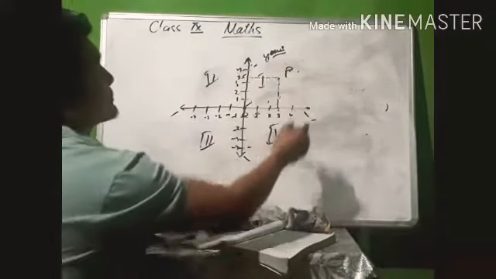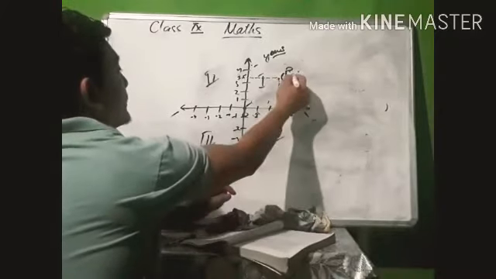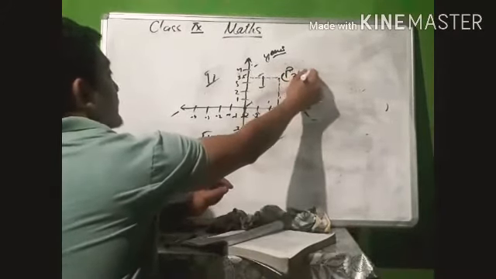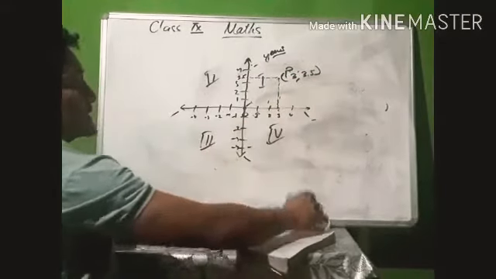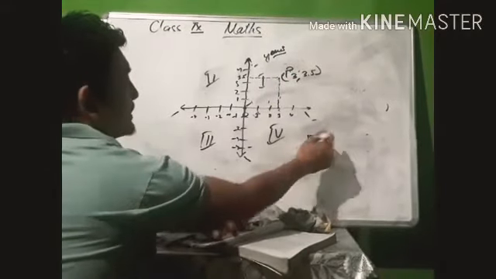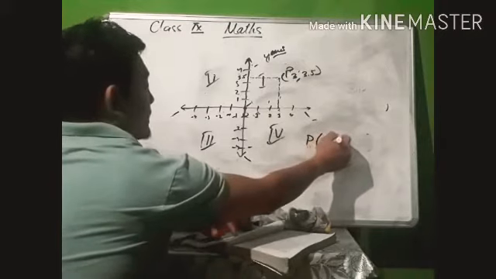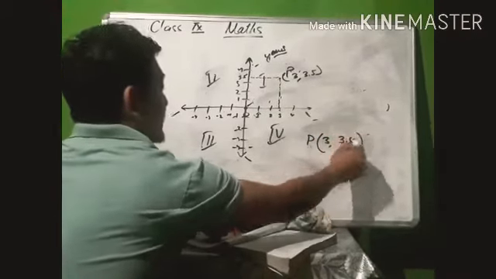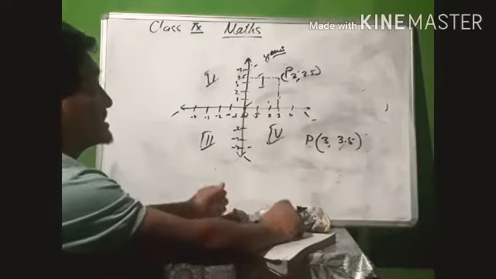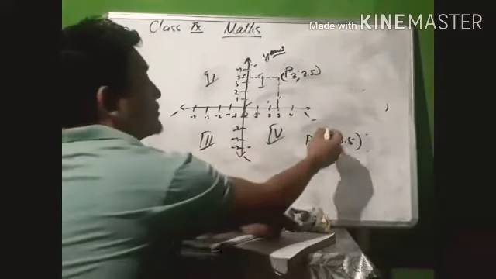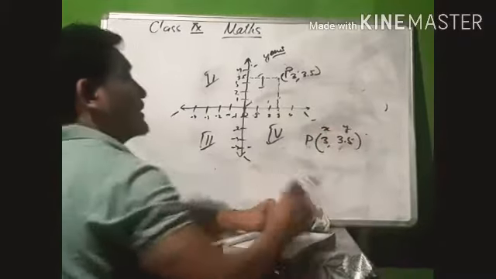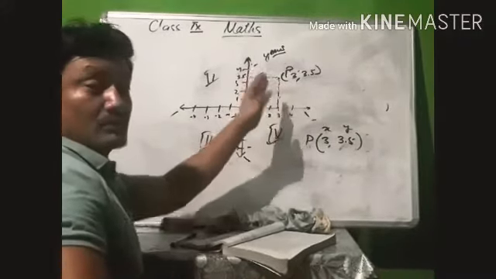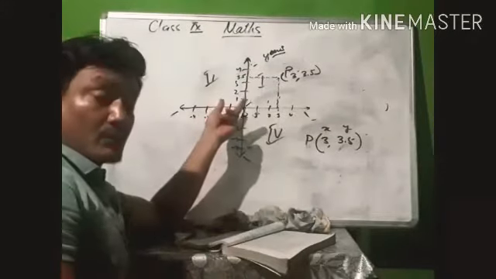So how will you write the coordinates? We will write 3 for x-axis and 3.5 for y-axis. So the coordinate of point P is 3 and 3.5. This is the way of writing the position of point P. Point P is lying on quadrant number 1, but where in quadrant number 1?